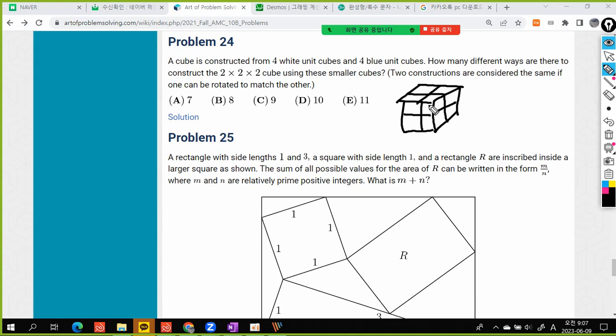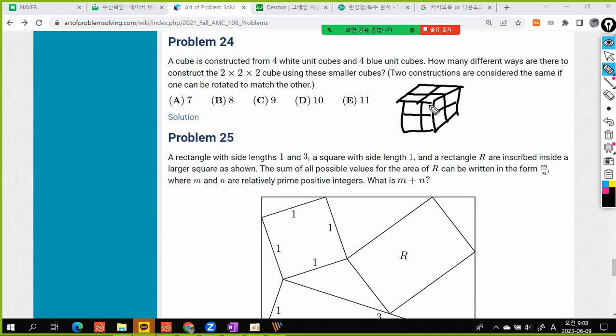That's obviously one case. And let's say at the bottom layer there are three blue cubes, and on the top layer there is one blue cube. How many cases can you make in such an arrangement?